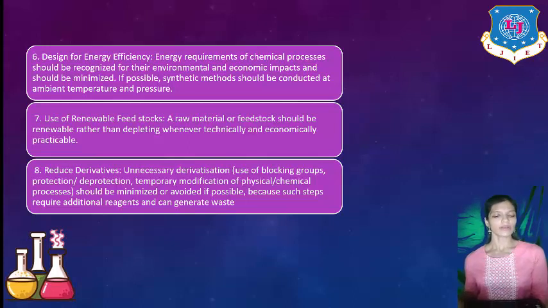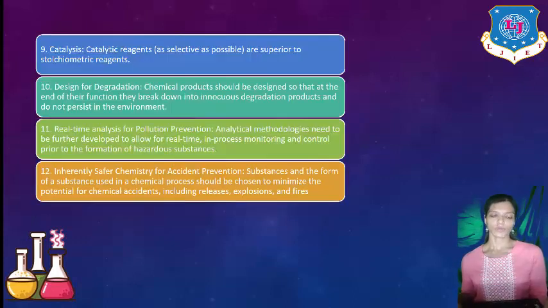That is, a raw material or feedstock should be renewable rather than depleting whenever technically and economically practicable, right? Eighth one is reduce derivatives. Unnecessary derivatization, which is use of blocking groups, deprotection, temporary modification, should be minimized or avoided. The generation of waste should be avoided, right? Ninth principle is catalysis. Certain catalytic reagents are superior to stoichiometric reagents, so those should be developed.